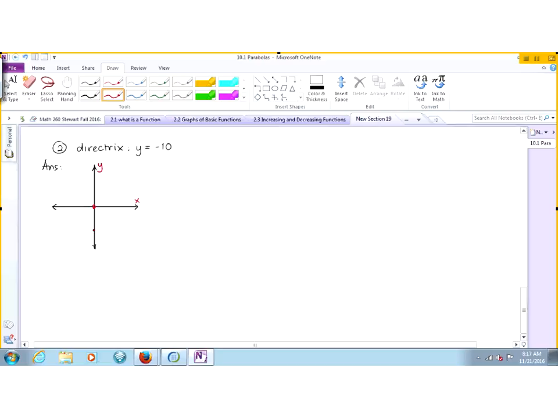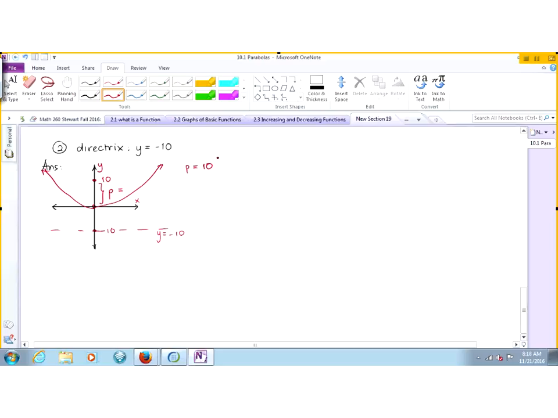Is it horizontal or vertical? Horizontal, right? This is -10, so this is your directrix. So what about your focus? 10? Okay, so what is P? Positive or negative? Positive, yes. So this is your parabola.